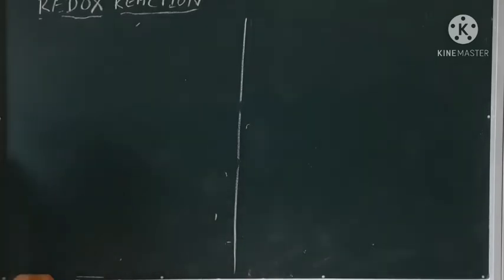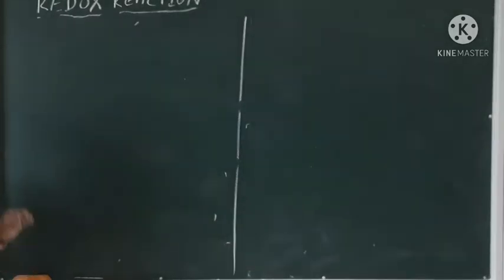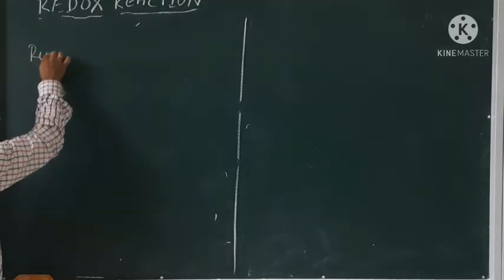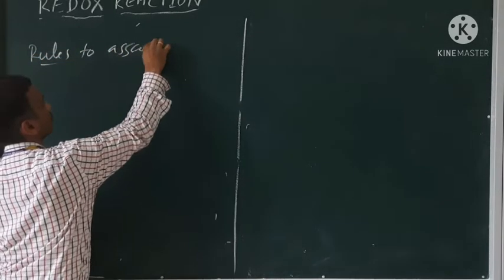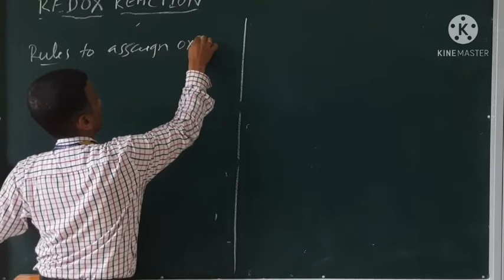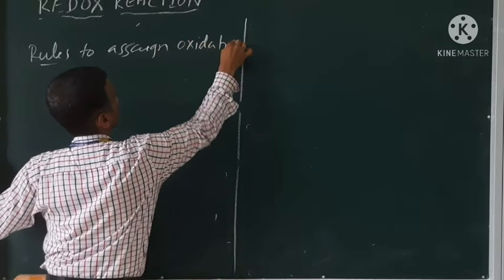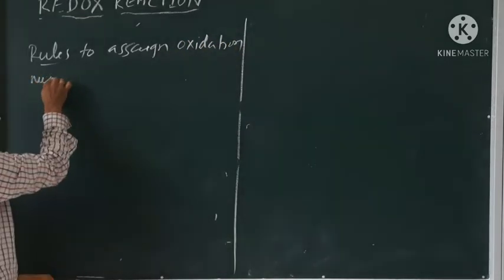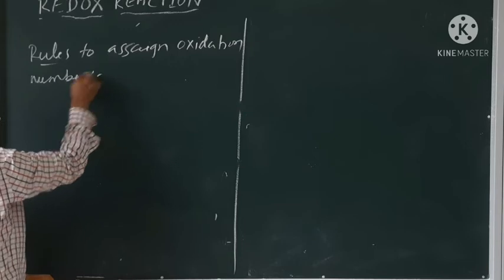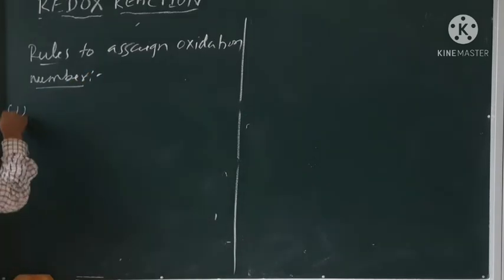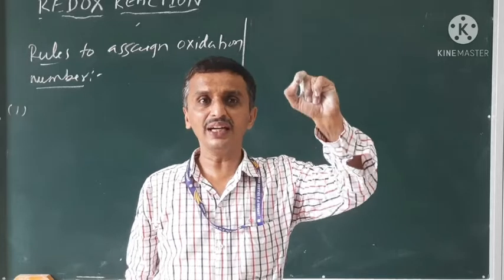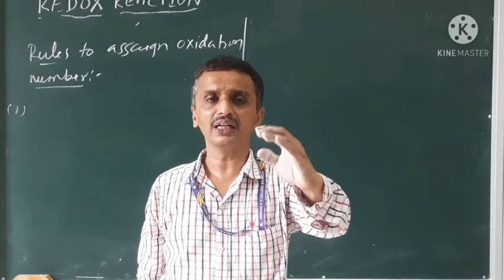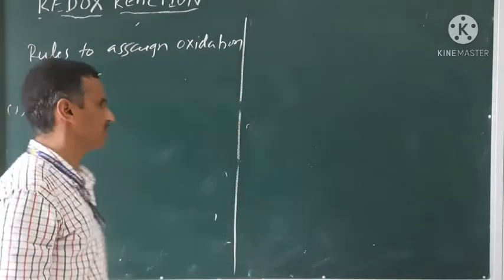Now the next one is rules to assign oxidation number. See, the first one: for any species in its elemental state, the oxidation number is 0.